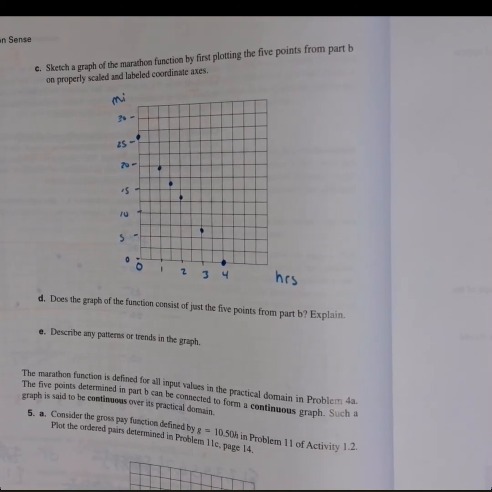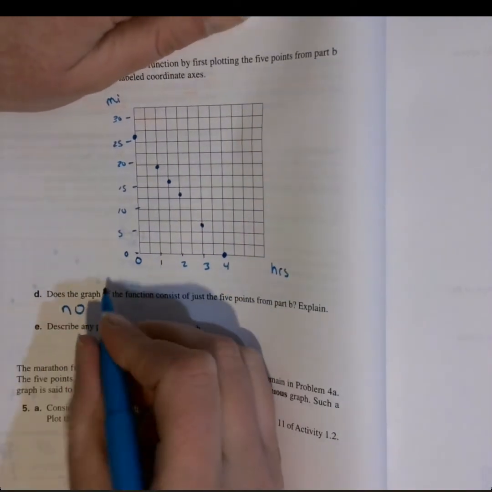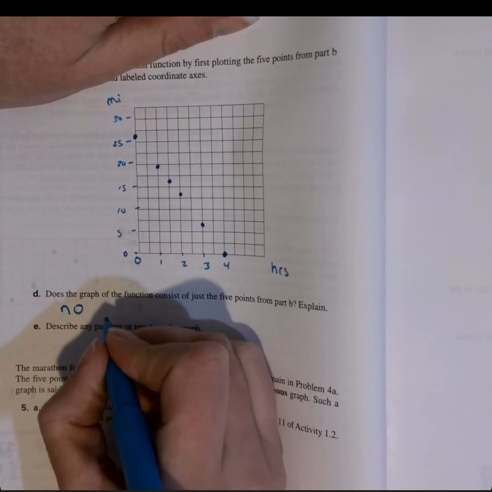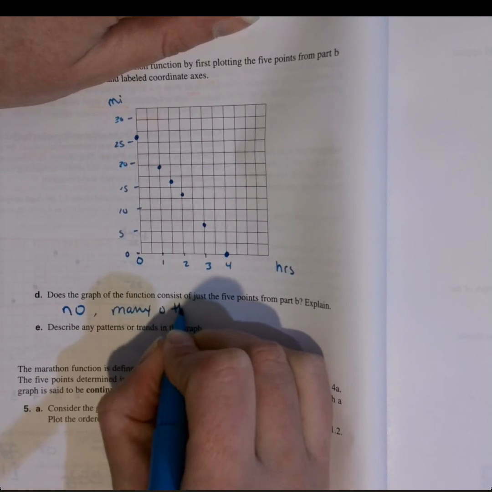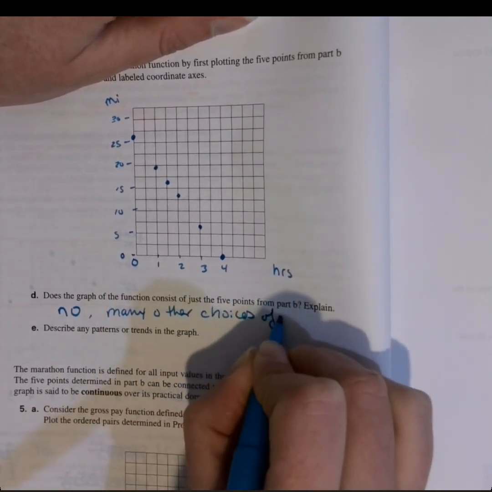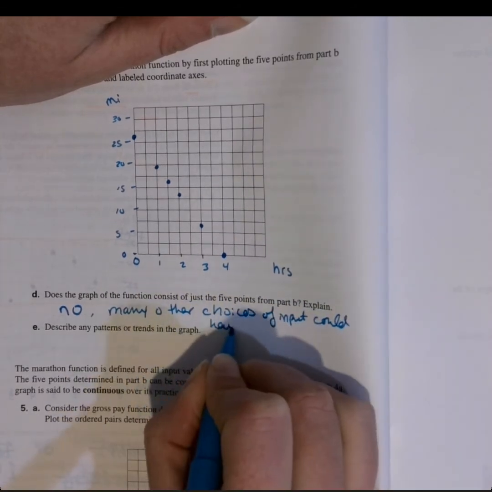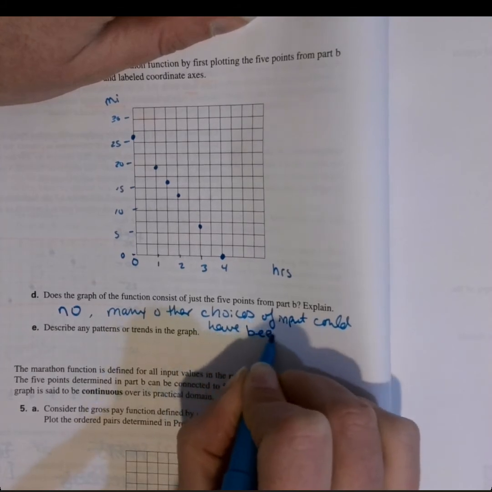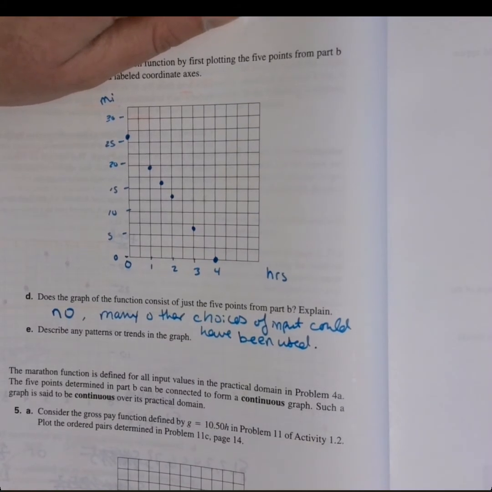Does the graph consist of just the 5 points from part B? So this is going to be no, because many other inputs could have been plugged into the function. Many other choices of input could have been used.